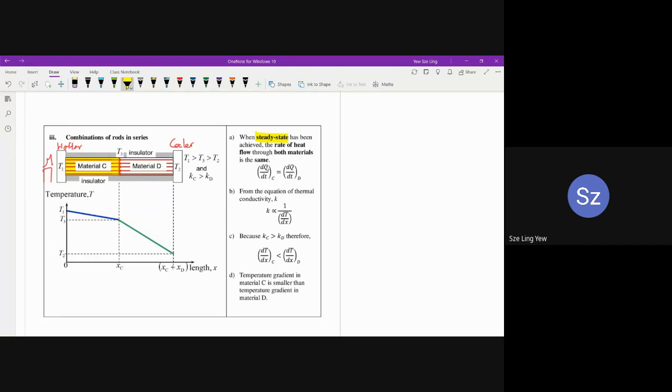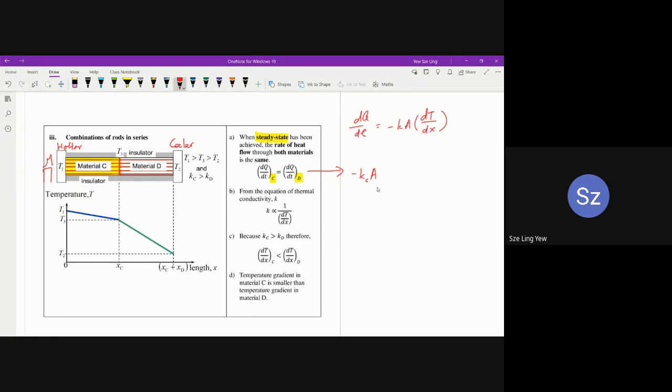Therefore dQ over dt for C equals dQ over dt for D. Since dQ over dt equals negative kA dT over dx, if you expand the equations you will obtain negative kC A. The A is the same because the two rods are touching, so at the place where they touch each other they have the same cross-sectional area.